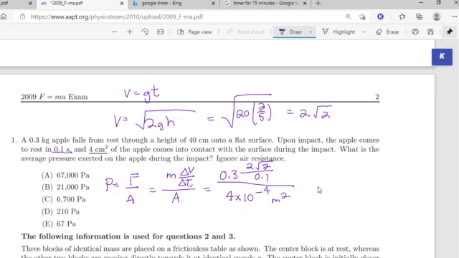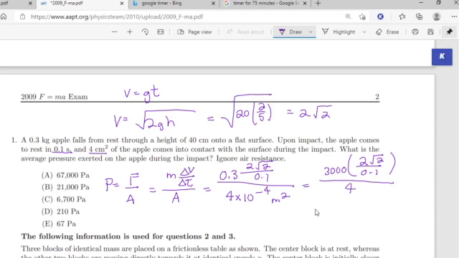And just to make this easier, I can multiply the top and bottom by 10 to the power 4, which is 10,000. So then I would get 3,000 over 2 root 2 over 0.1 over 4.